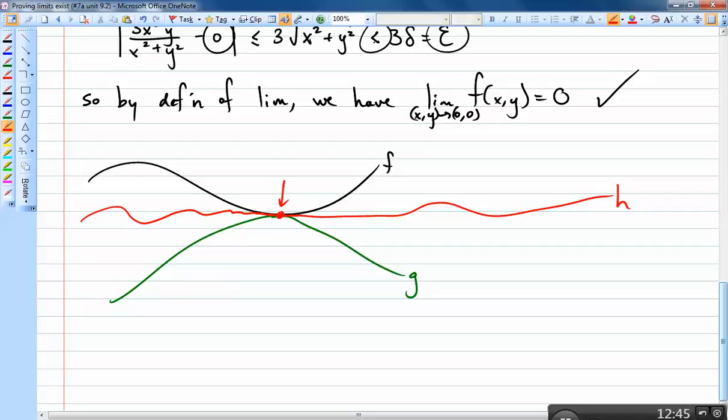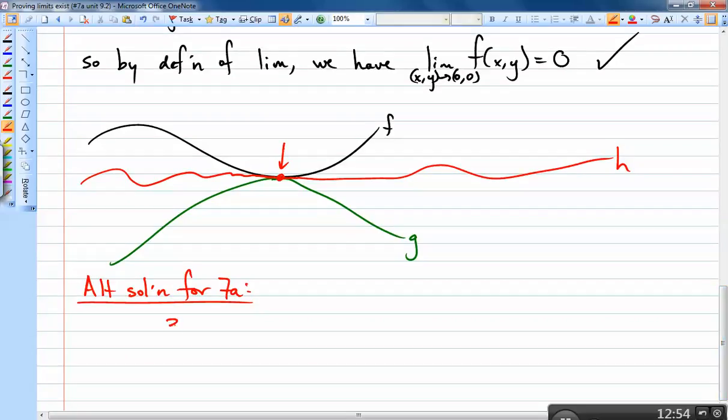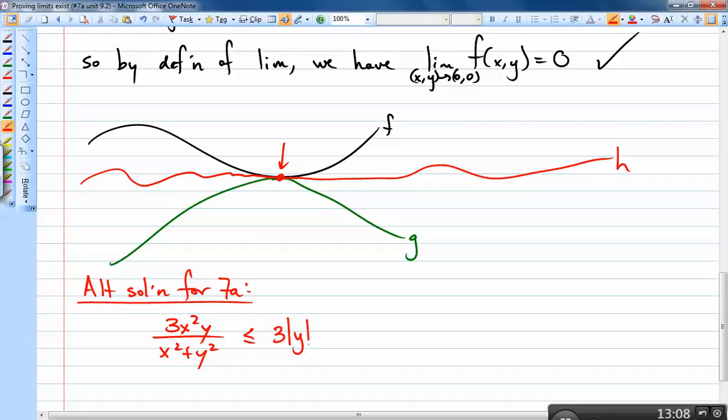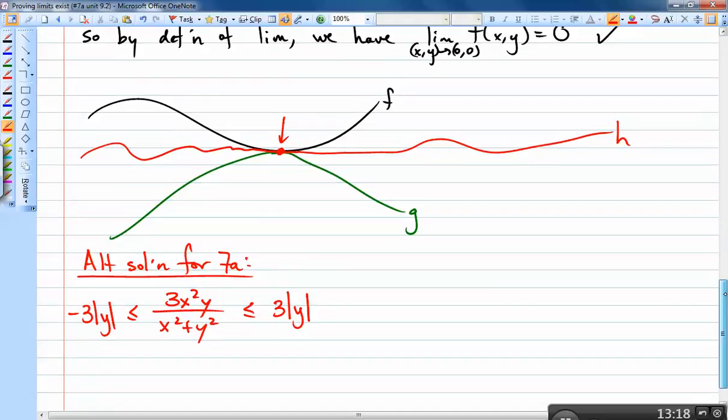So an alternate solution for 7a would be this. 3x squared y over x squared plus y squared is always going to be between 3 times the absolute value of y and negative 3 times the absolute value of y. You can think about why that is, but that will definitely work.